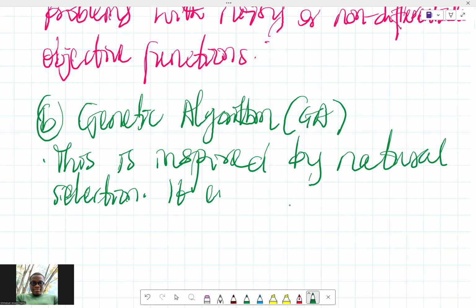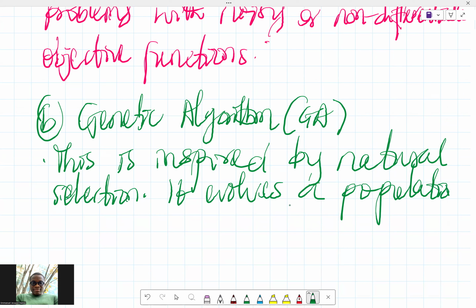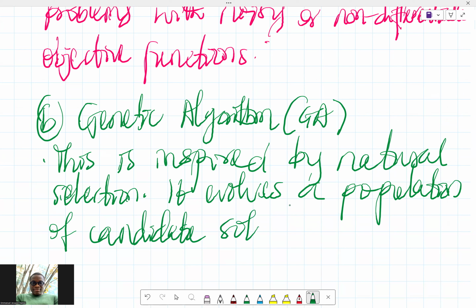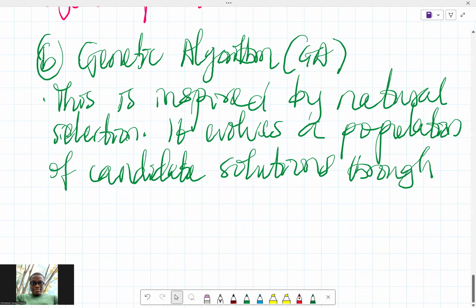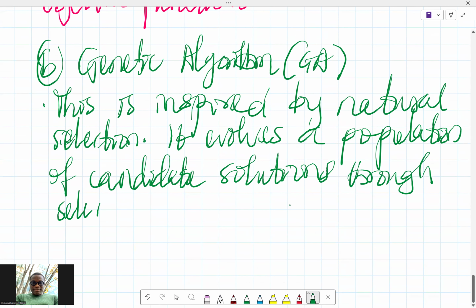It evolves a population of candidate solutions through selection, crossover, and mutation.